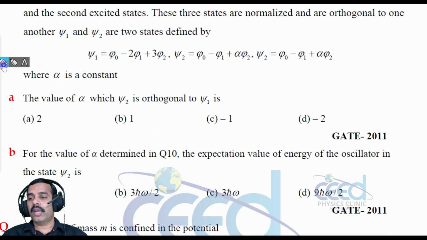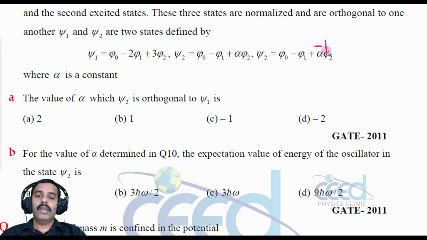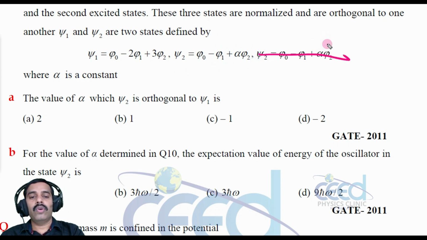We have calculated alpha is equal to minus 1, right? Now, psi 2 is psi 0 minus psi 1 plus alpha psi 2. Information is given 2 times. Sorry, so this I need not. We have only 2 states. So this will be alpha.